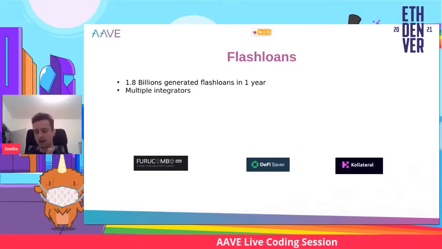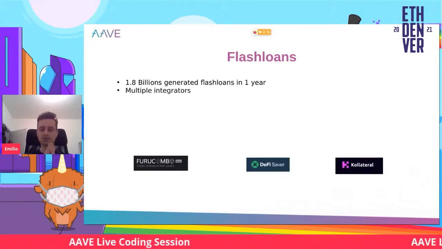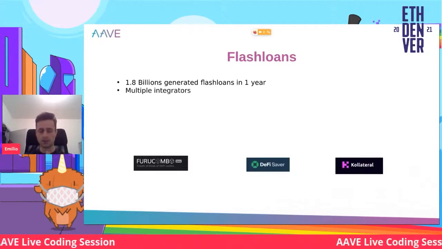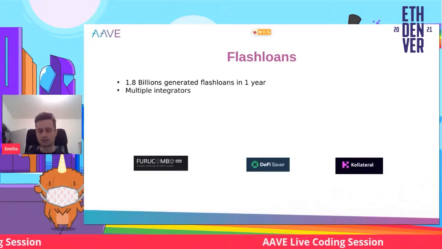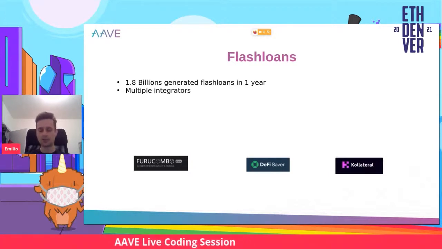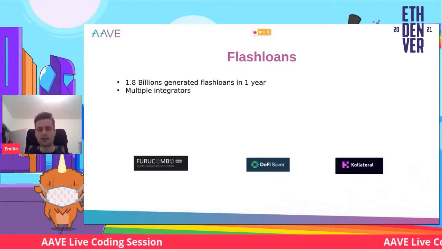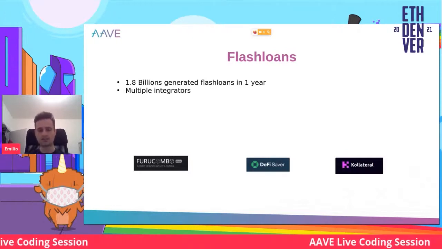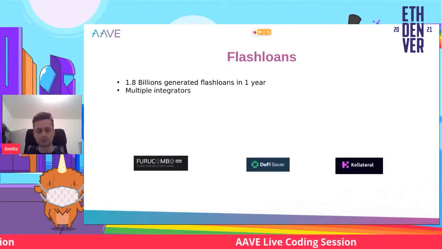What flash loans essentially are: we all know that transactions on Ethereum are atomic, right? One transaction is either executed successfully in all its sub-transactions, or it's reverted completely, so nothing is stored on the blockchain.